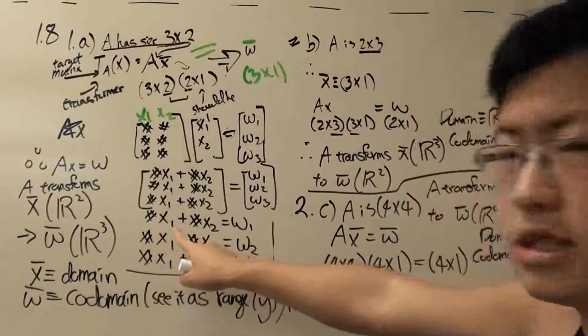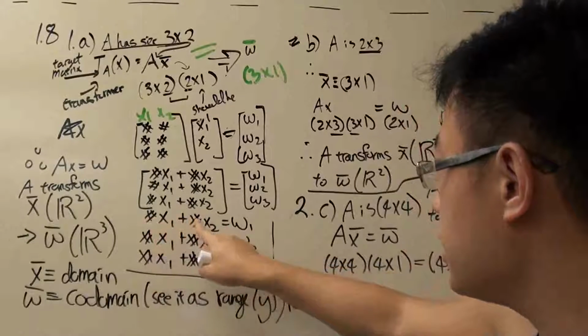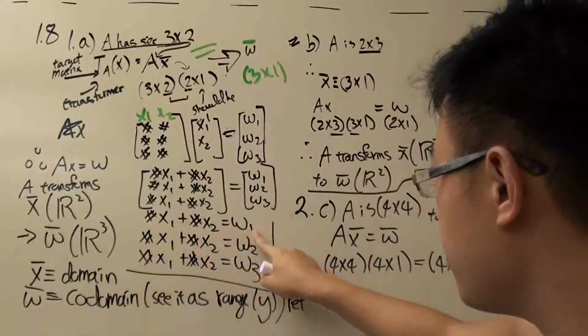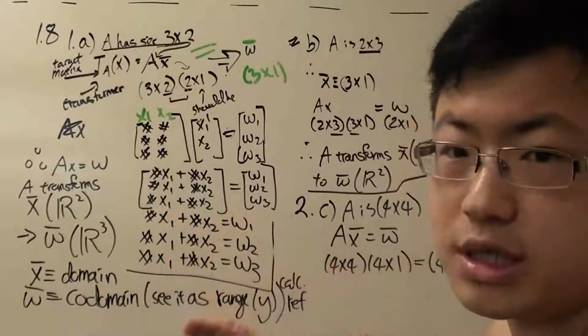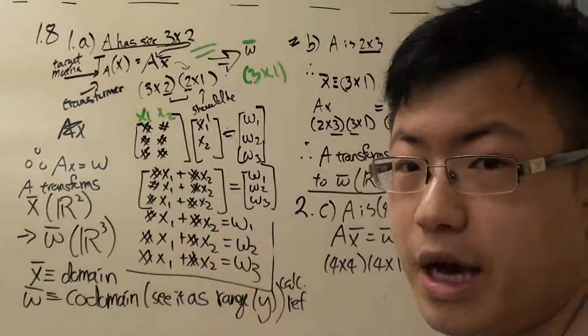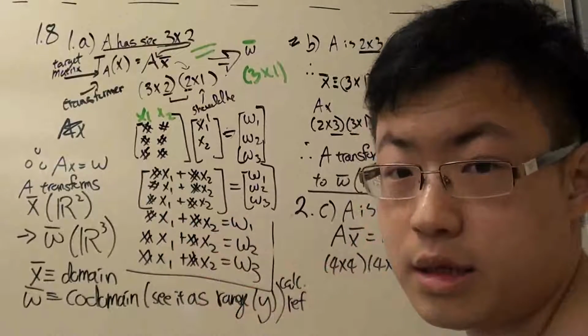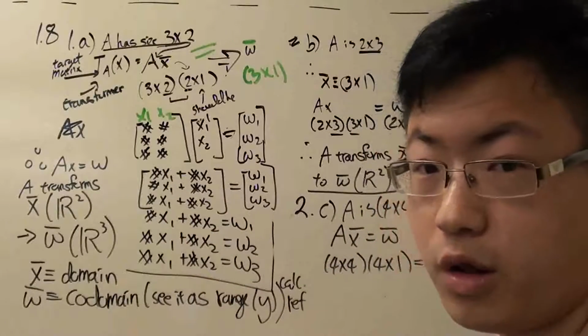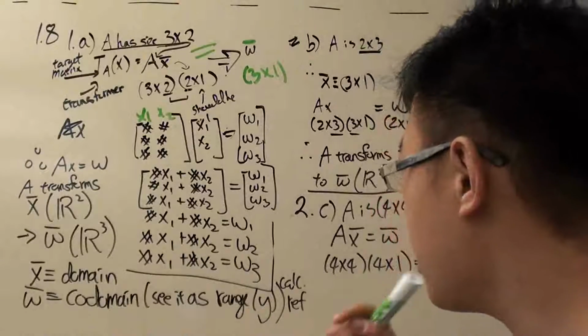Look at it. This is just typical linear equations. Some number x1, some number x2 gives you w1. That really is like a 3 by 3 matrix, and then we have to find the unknown x's. That is the kind of question we've been doing for a long time.